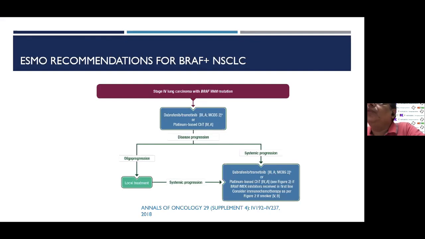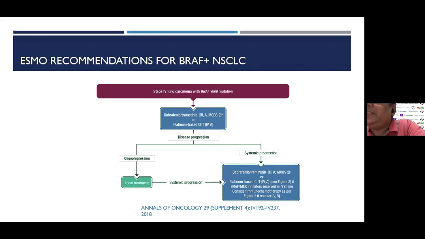You still get a good amount of disease control. So that is a very important point. Oligoprogression on BRAF inhibitors should be managed by local treatment. You tend to have a good amount of disease control along with the combination.